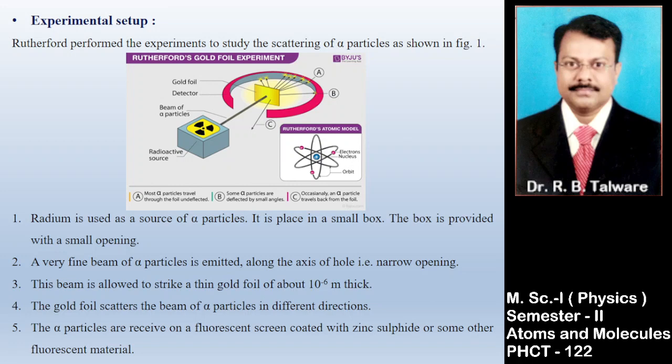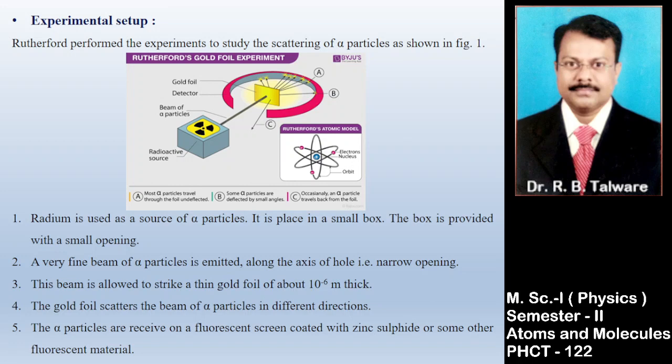Second, a very fine beam of alpha particles is emitted along the axis of the hole, that is the narrow opening. Third, this beam is allowed to strike a thin gold foil about 10 to the power minus 6 meter thick. The gold foil scatters the beam of alpha particles in all possible directions.